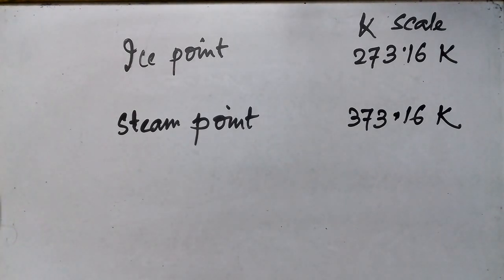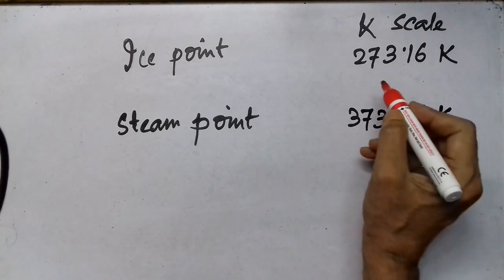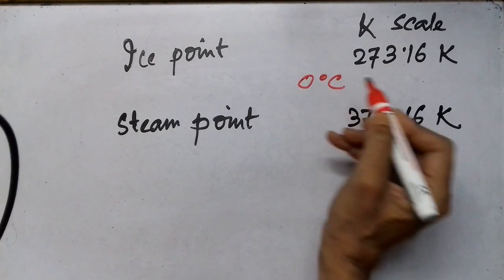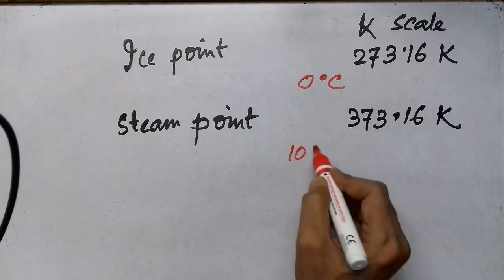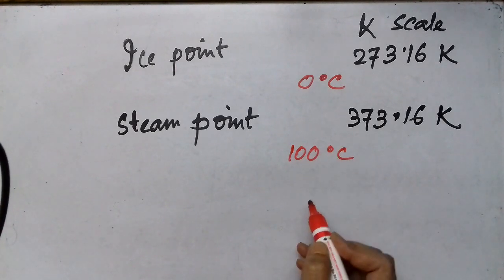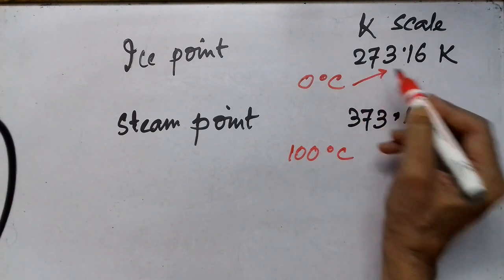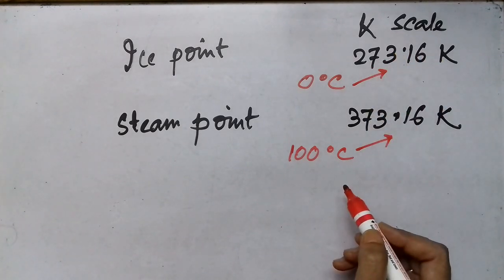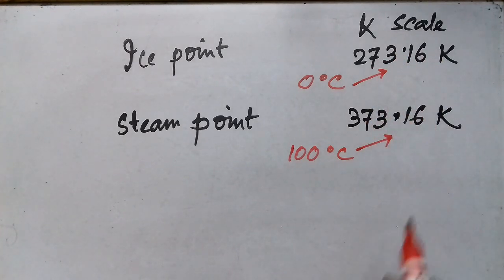We can remember this. Whereas the equivalent temperatures in degree Celsius scale is 0 degree Celsius and 100 degree Celsius. 0 degree for this much of Kelvin and 100 degree for this much of Kelvin.